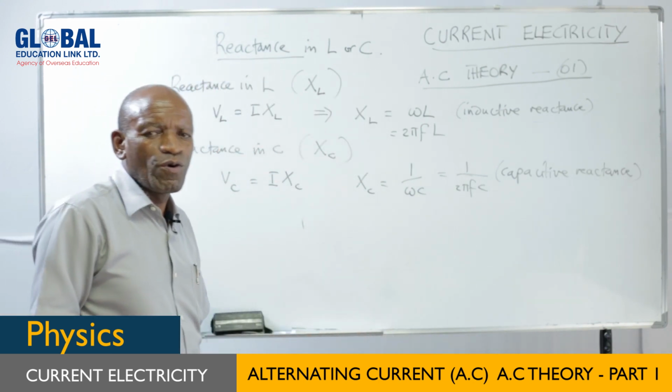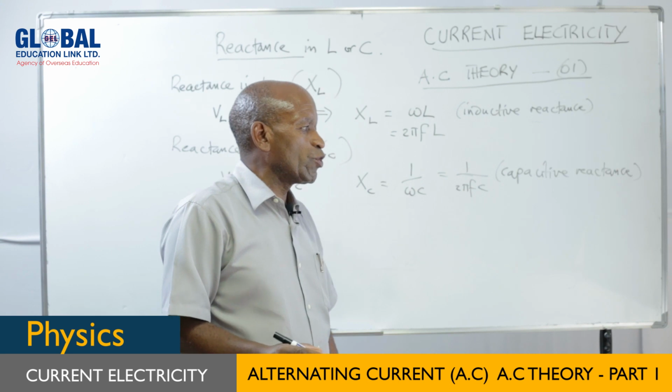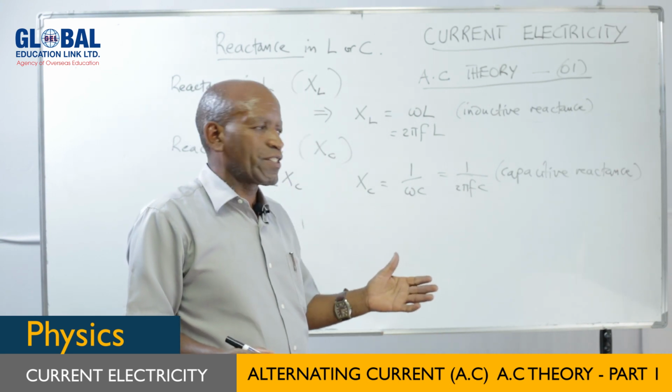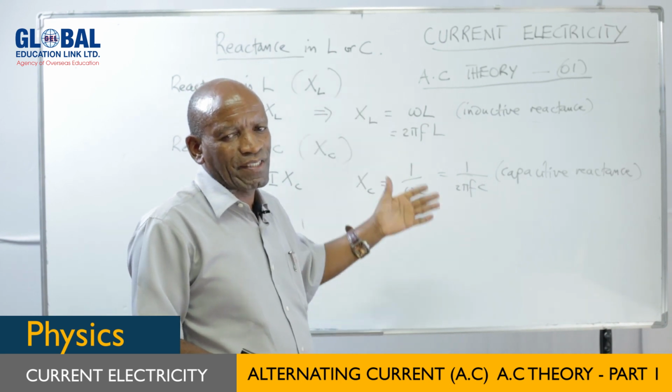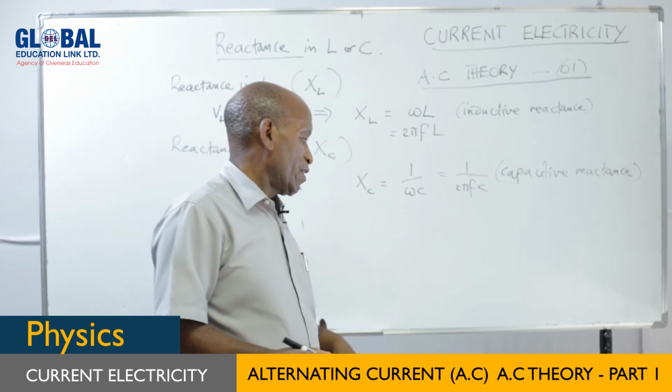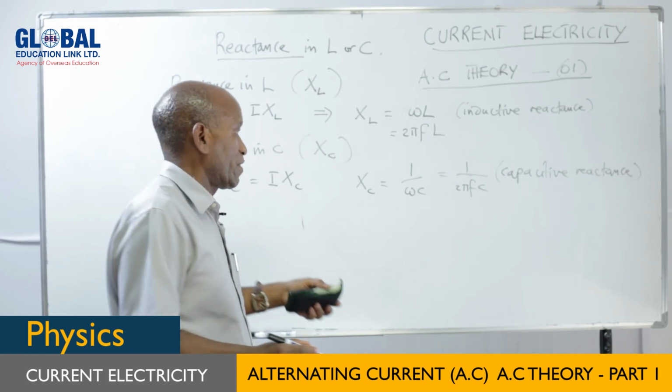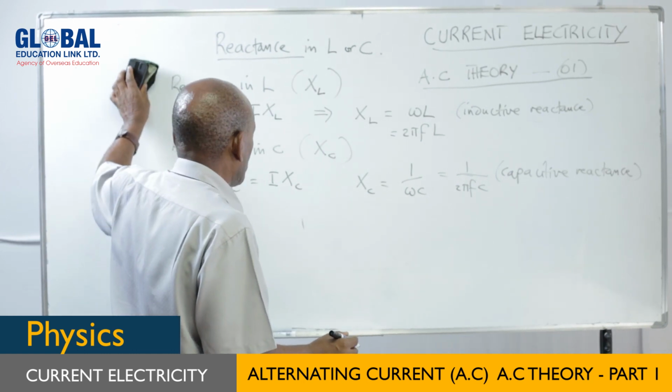Okay, students, now I need to take you to circuits having a resistor, an inductor, and a capacitor connected in series. We shall discuss 3 cases only at this part.